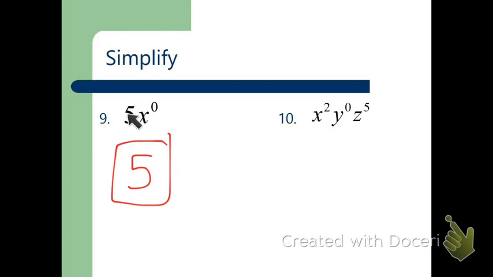What's 1 times 5? Lexi, what's y to the 0? 1. And what's 1 times this times this? Look, it says 5 and 2. This becomes 1. 1 times x squared times z to the 5th becomes x squared times z to the 5th.